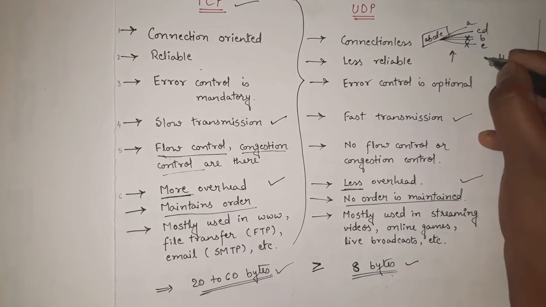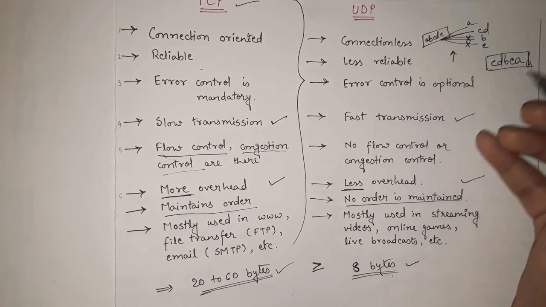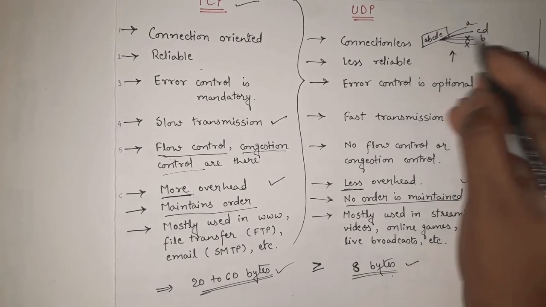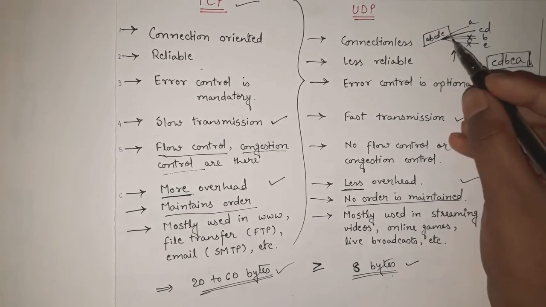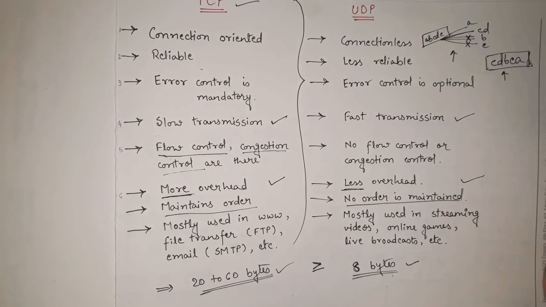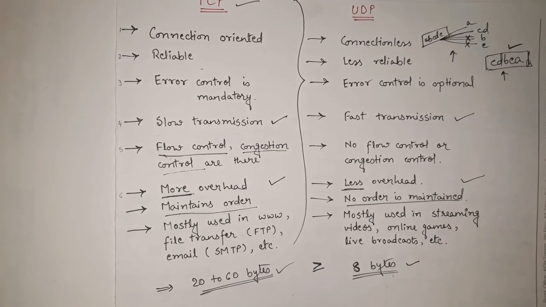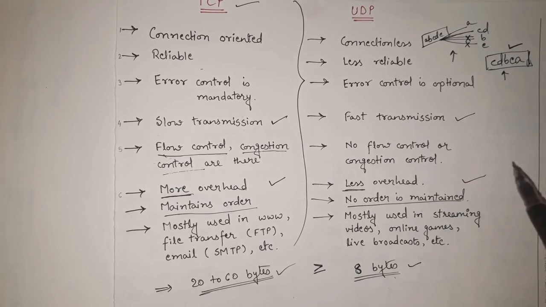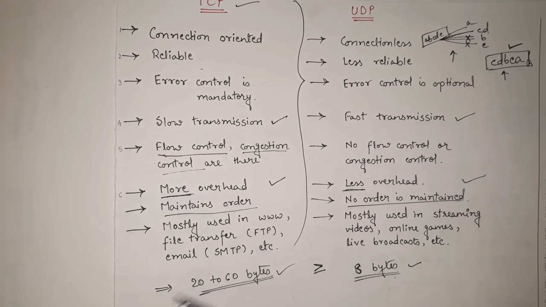So the bits may be received without the same order, because all the bits are transferred through different networks. So the message received at the receiver end may be out of order. So TCP maintains the order, whereas in UDP no order is maintained.